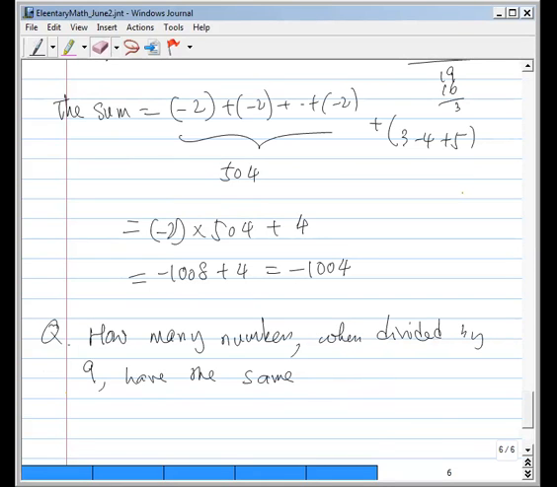Now, what do you mean same quotient? It means the quotient is equal to the remainder.